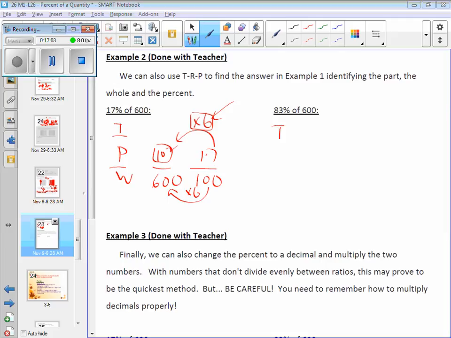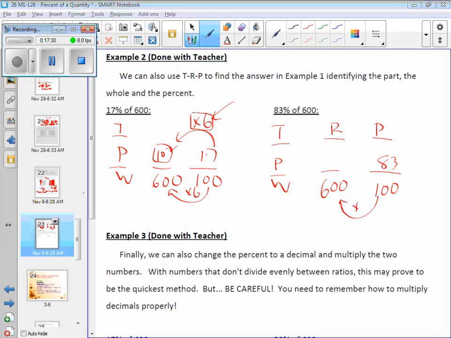Okay, let's set this up. Template, ratio, percent. Template's always what over what? 83 percent goes where? Always. What goes here? Top or bottom first? Where am I going? What value?